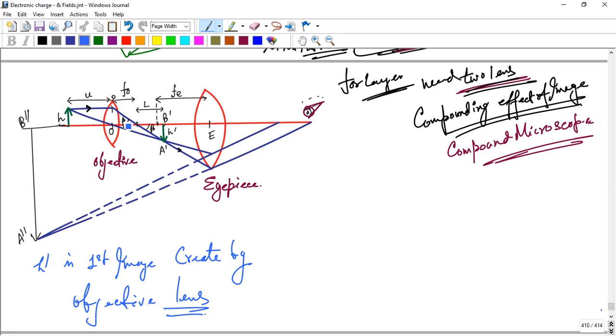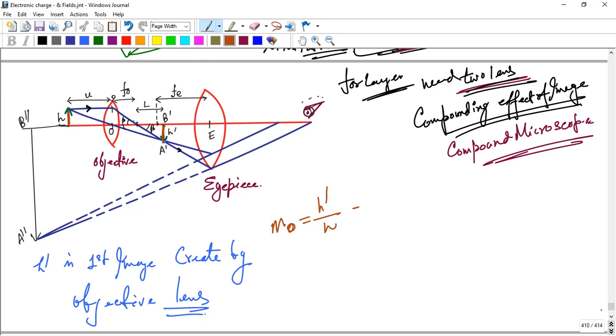If these two meet here, that is A dash at the top and B dash, that's the first image, and these two angles are the same. These are vertically opposite angles, so these two angles are the same. So we need the magnification. The magnification for the objective is equal to H dash by H. H dash is the height of the image, H is the height of the object, and the lens is the objective lens.